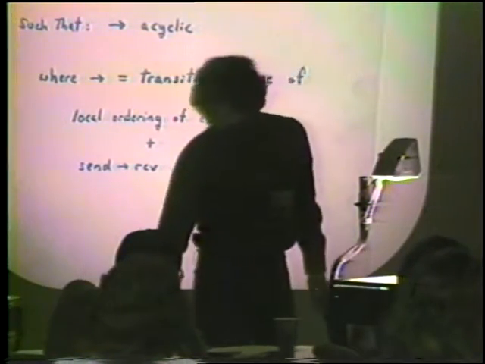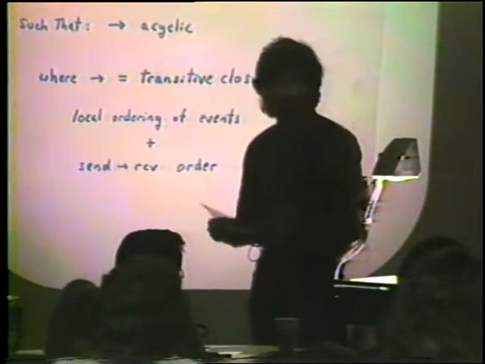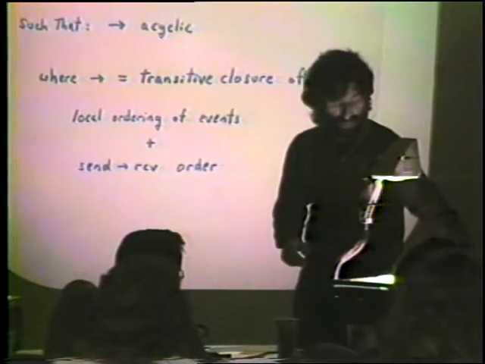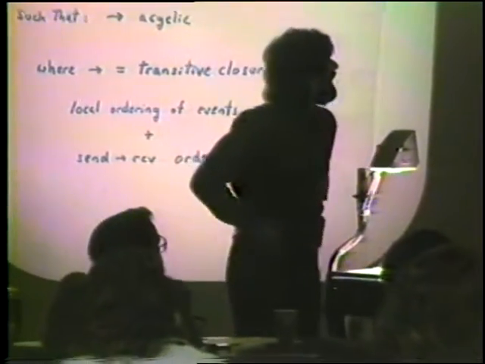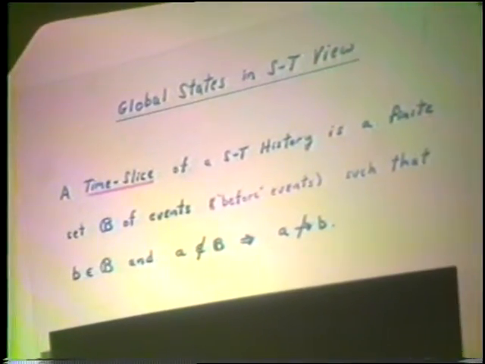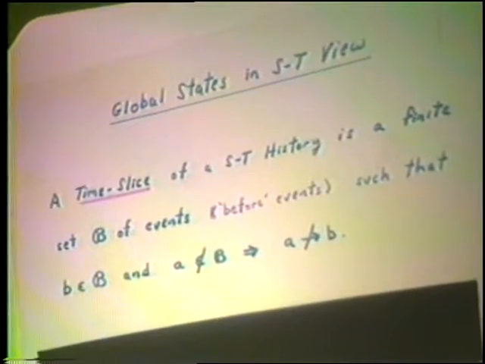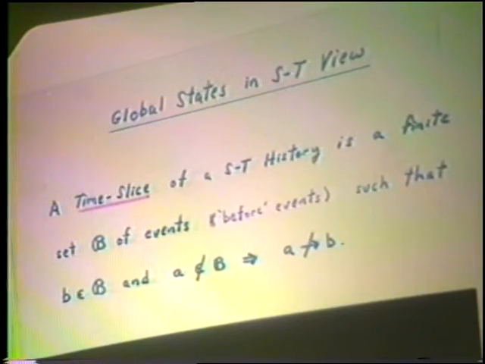But how can we talk about global states in the space-time view? Well, let me define a time slice of a space-time history to be a finite set B of events, which are called the before events, such that no event that's in B is preceded by an event not in B.